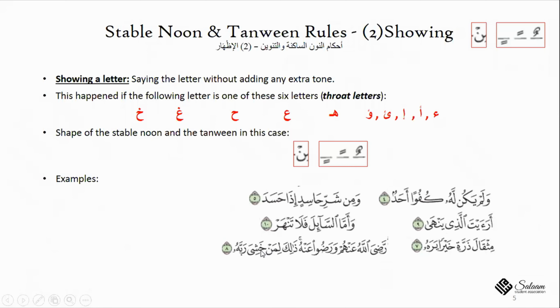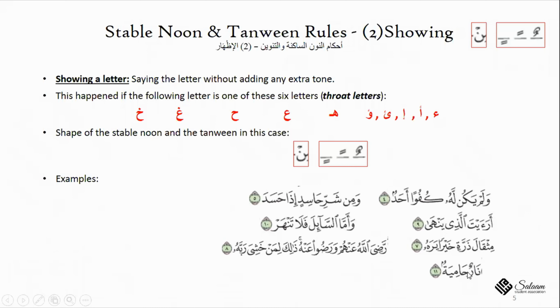Stable noon, kha. All these are idhar. رضي الله عنهم ورضوا عنه ذلك لمن خشي ربه. إظهار, complete showing of the stable noon or the tanween.